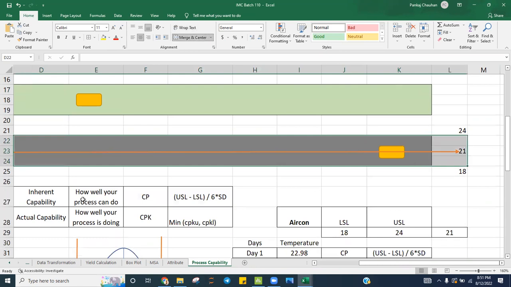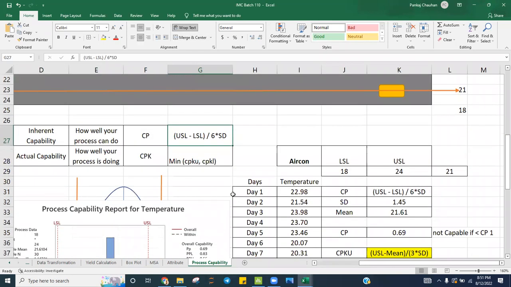But the inherent capability we calculated for that air conditioner example came to 0.69, right? Let's understand another thing. Just see this, because this is not taking into account where your center value is. 24 minus 18, the difference is 6. Divide by 6 times the standard deviation, 0.69.